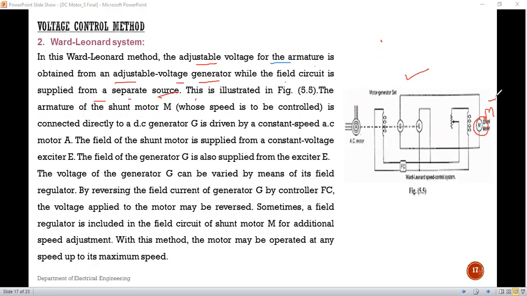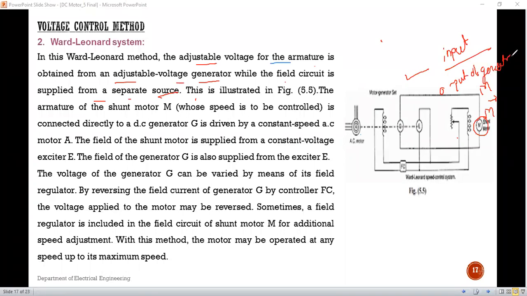For controlling the speed of this motor, it is directly connected to the DC generator G, which is driven by a constant speed AC motor A. The input supply voltage applied to this motor is nothing but the output of the generator.